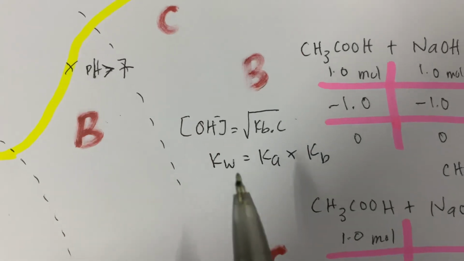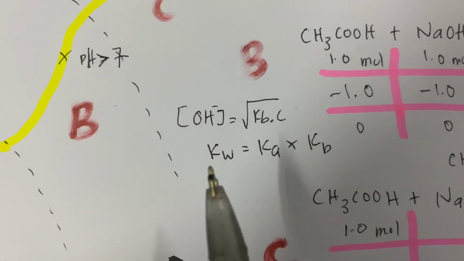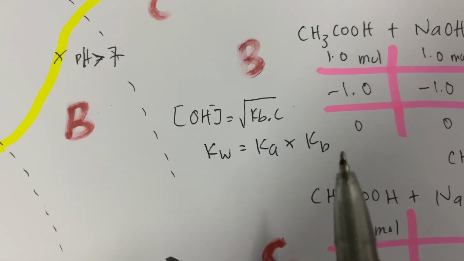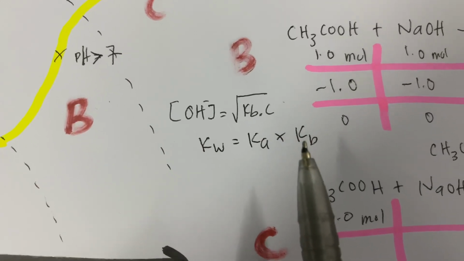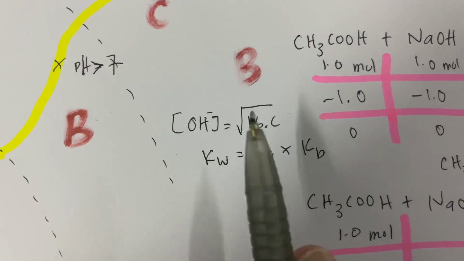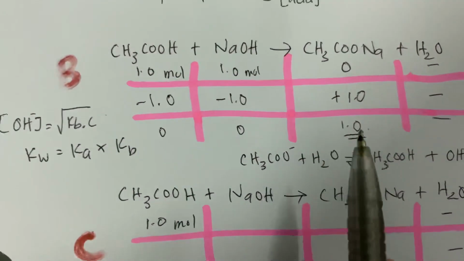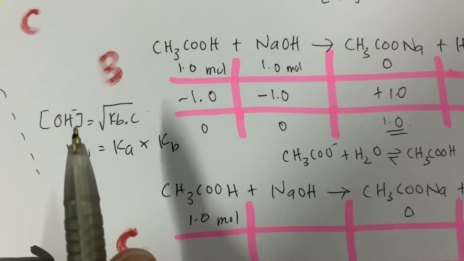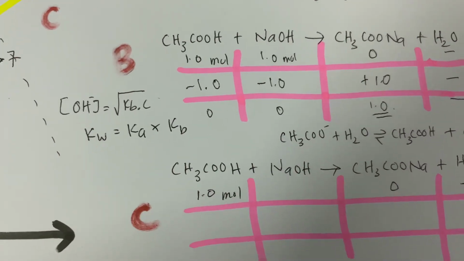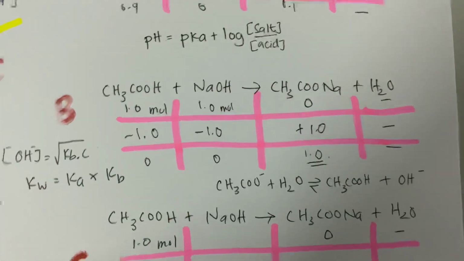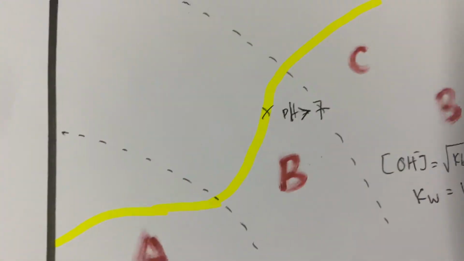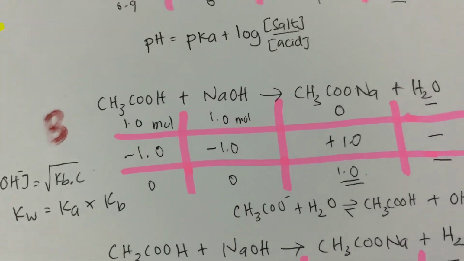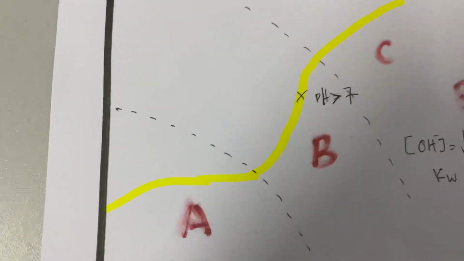Kw you already know the value, so you can get the Kb of the conjugate salt. After you get Kb, times with the concentration here, you will get OH minus. So you can find the pH through that. So that is why the equivalent point is more than 7. It will be basic. That is for region B.